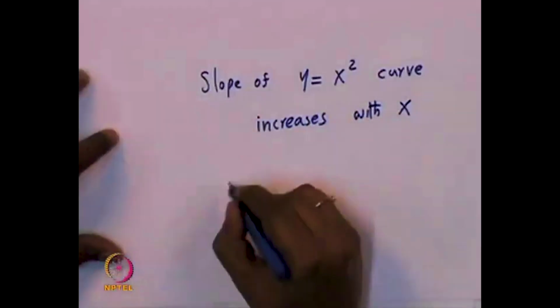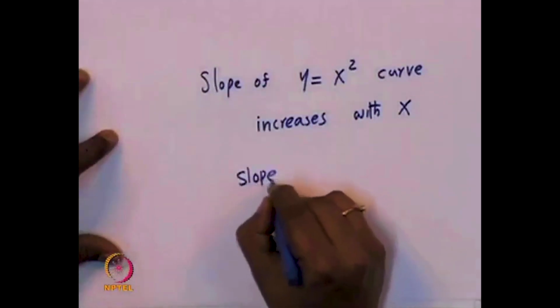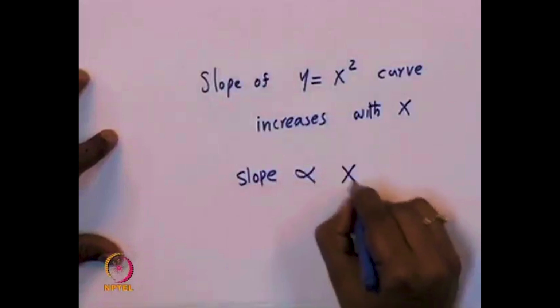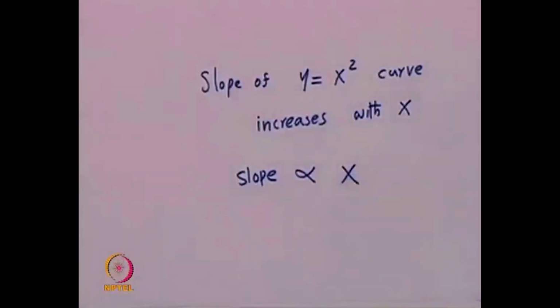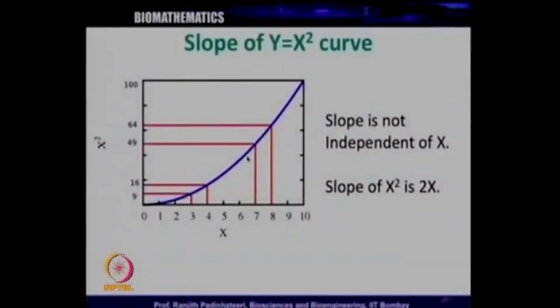In other words, the slope is proportional to x. As x increases, the slope increases. That means the derivative of y equal to x square is proportional to x. It turns out that the slope of x square is 2x. In other words, the derivative of x square is 2x.